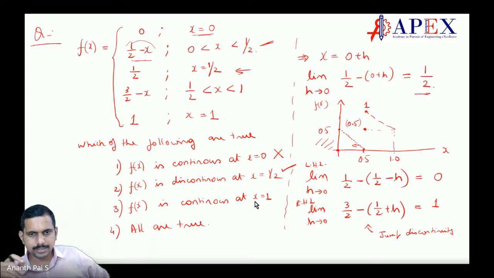Not defined, yes. So until then we will go. After that we are not worried. We will not be able to check left hand limit is equal to right hand limit. We will only be able to check whether left hand limit is equal to f of a. That's it.